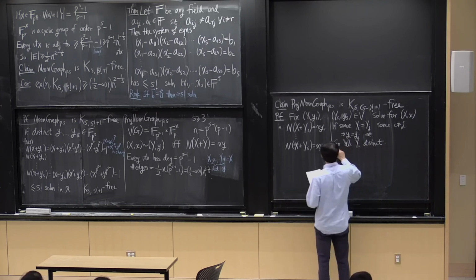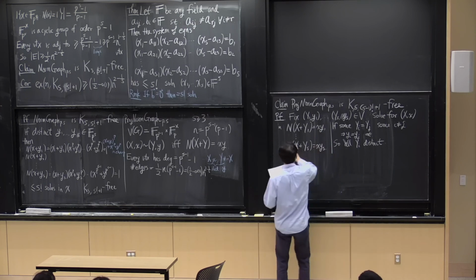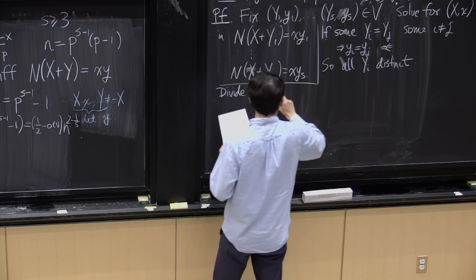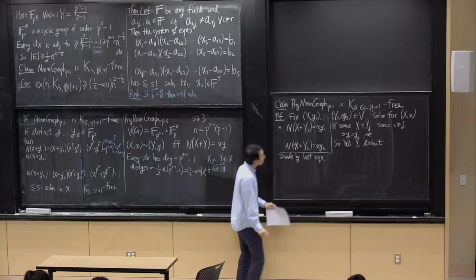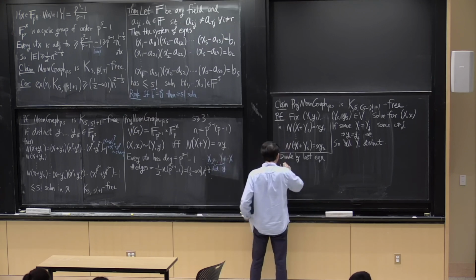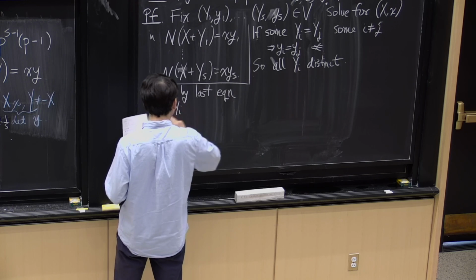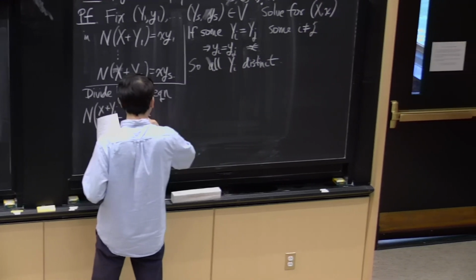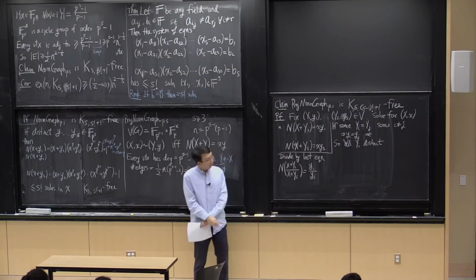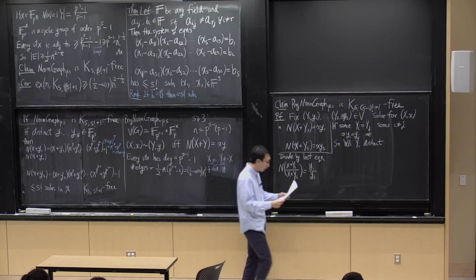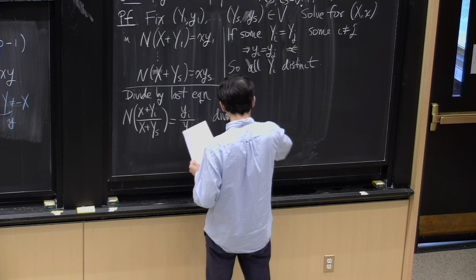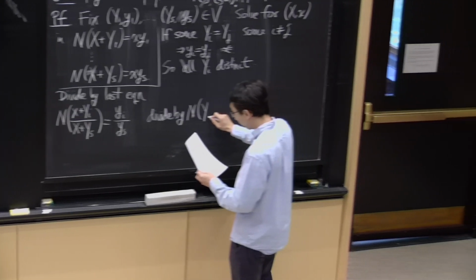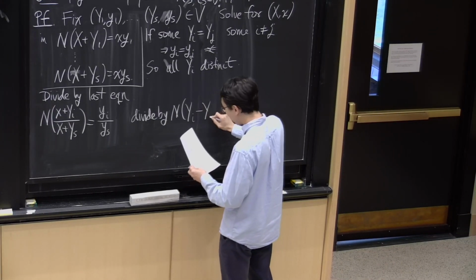Well, now let's divide these equations by the final equation. And we get that the ith equation becomes like that, which you can rewrite by dividing by the norm of big Y_i minus big Y_s.